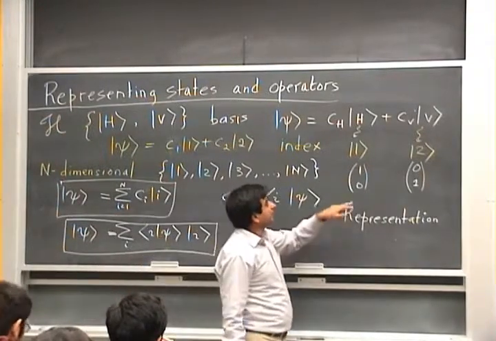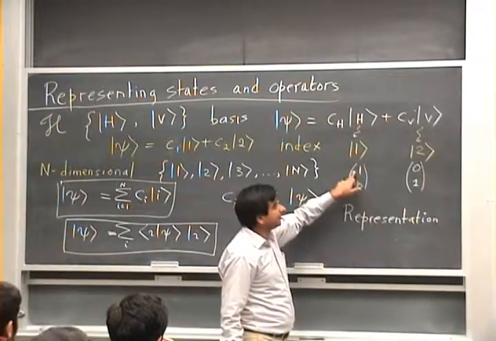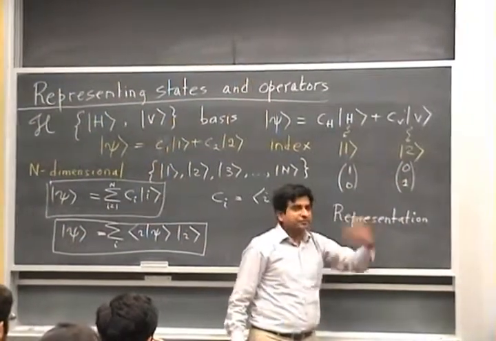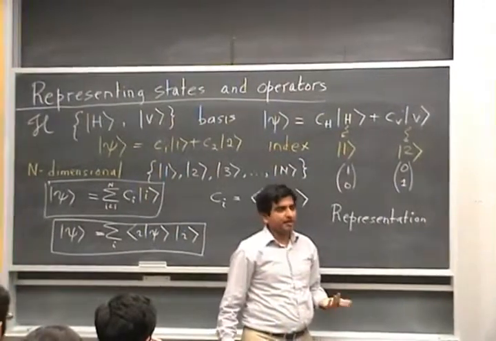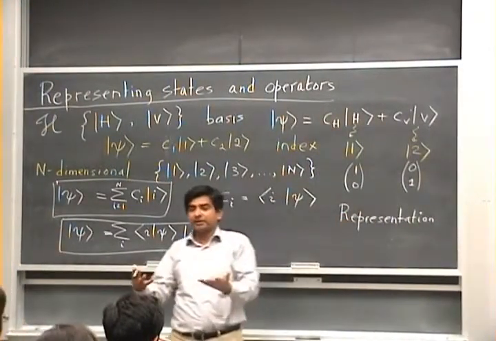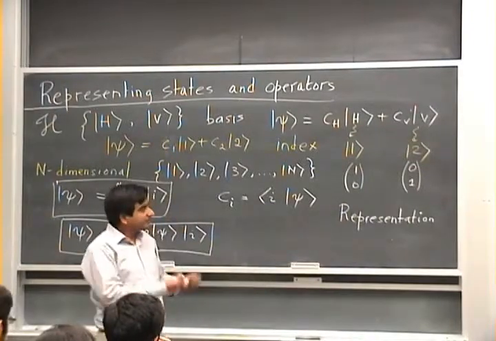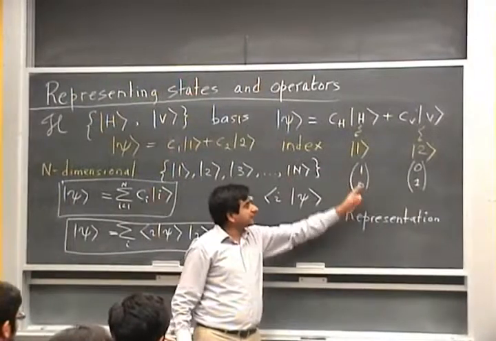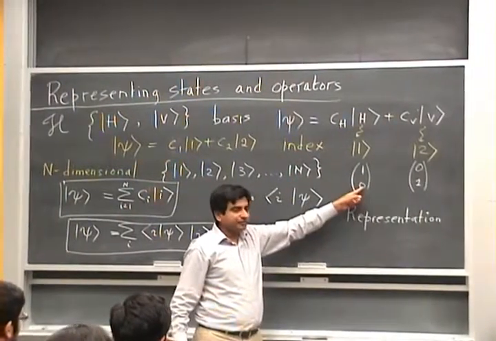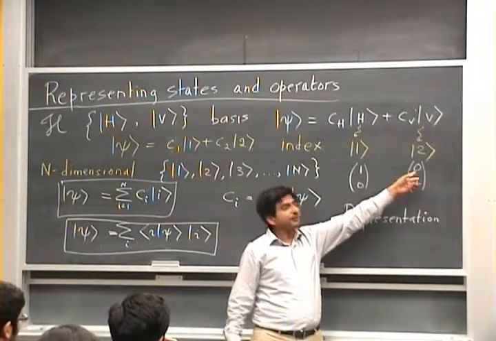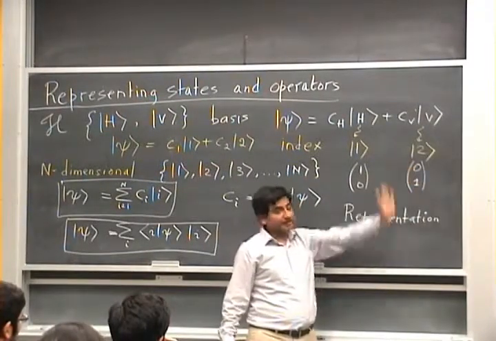Another person could have written a 1 here and a 0 here for ket 1, 1 here and 0 here for ket 2. It's just using a different representation. But now we are sticking to this representation, so we've made a conscious choice in representing our vectors in a particular way. Okay? So one entry in this representation is 1 and the other entry is 0.